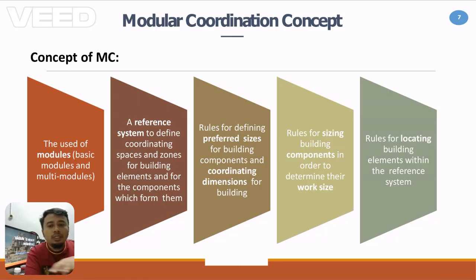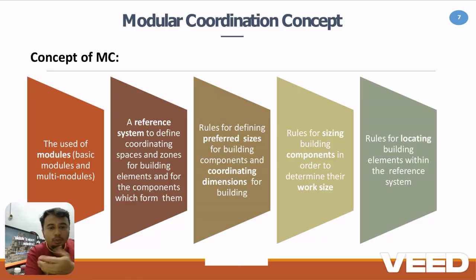So that is the work sizes. You have a jointing between components. For example, for prefab wall, you have railing. So that railing will be included in the dimension, the height of the wall, and so on. So there are work sizes that will be defined by the modular coordination system.